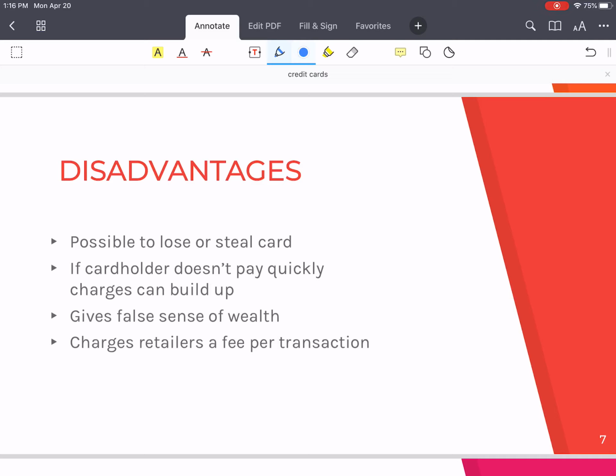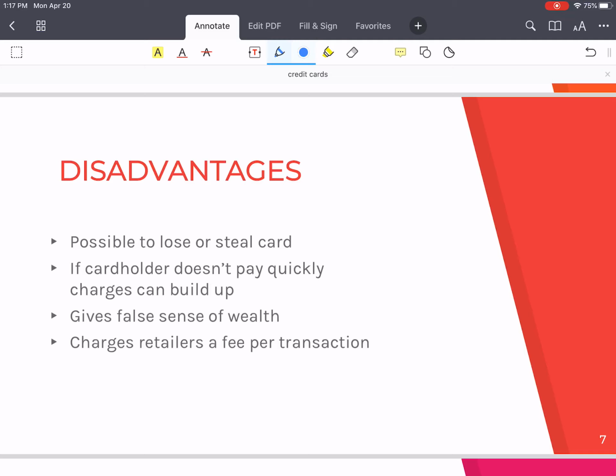You say, well, I have this money in credit. I might not have it in my bank account, but it's okay. It's some way for me to still be able to spend it to get what I need, even though I might not actually have the money, and then I'll have to pay it back and I won't be able to pay it back. So it's going to start again. It's a bad cycle, and it gets a lot of people into debt.